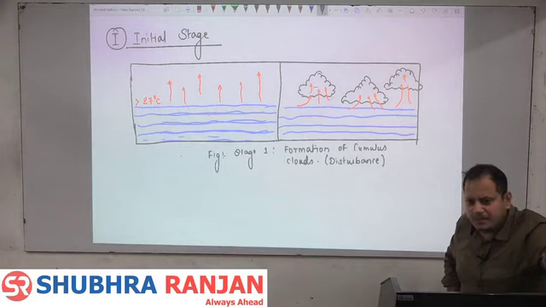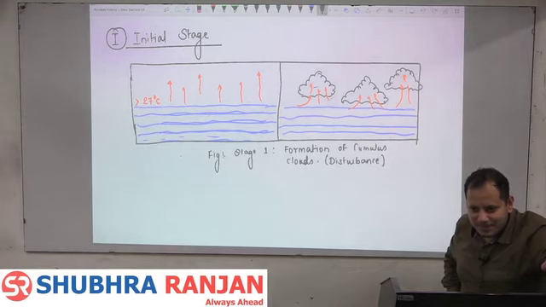Has the subtropical westerly jet stream started coming to India? Yes.